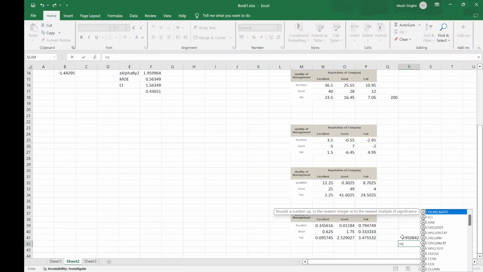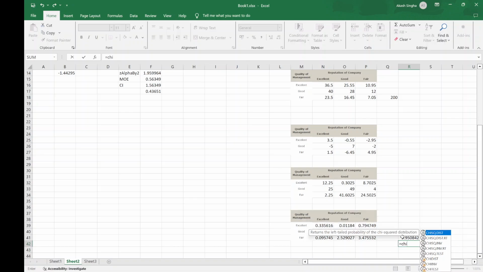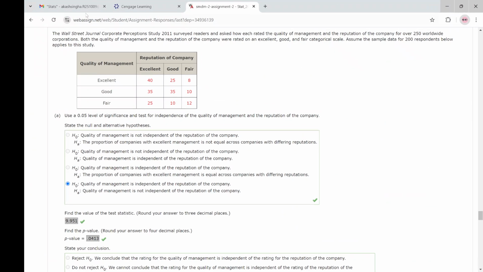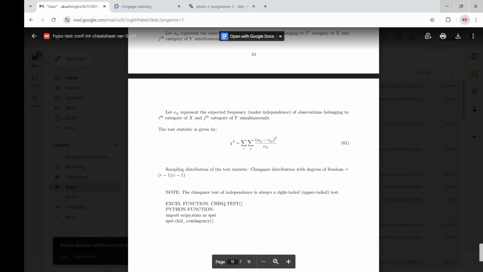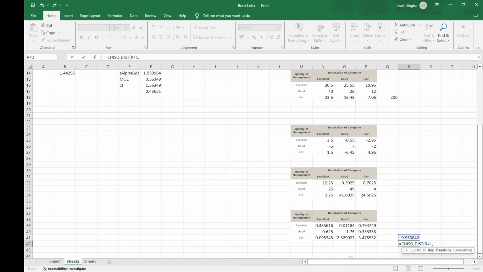There is a formula called chi-square dot dist, where x is the value and the degrees of freedom is row value minus 1 multiplied by column value minus 1. There are 3 rows and 3 columns, so 3 minus 1 into 3 minus 1, 4, comma, 9.95.